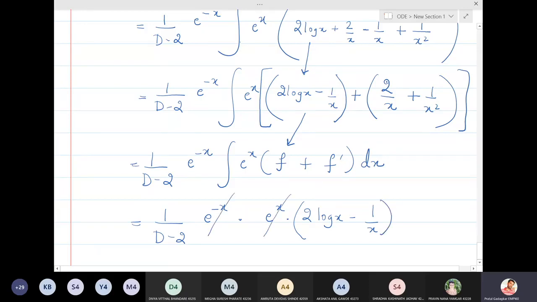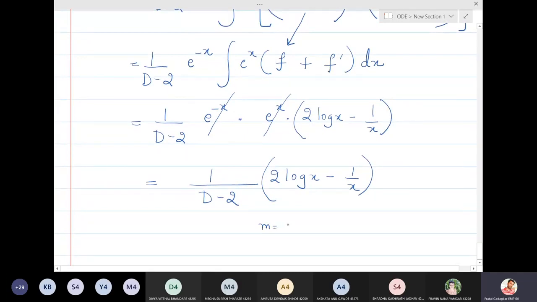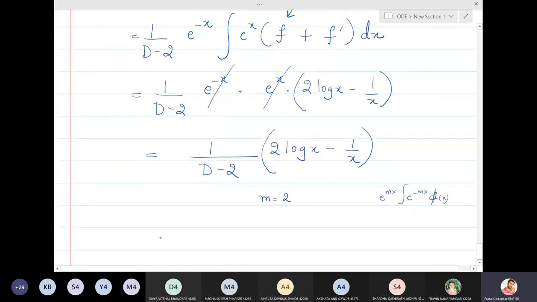So this cancels, and now, last step, I'm left with 1 upon D minus 2 of (2 log x minus 1 over x). So I'm going to use m equal to 2 now. We know the formula is e raised to mx integration e raised to minus mx phi of x dx. So m is 2, which is e raised to 2x integration e raised to minus 2x into (2 log x minus 1 over x) dx.